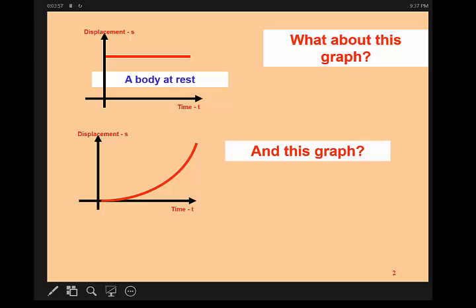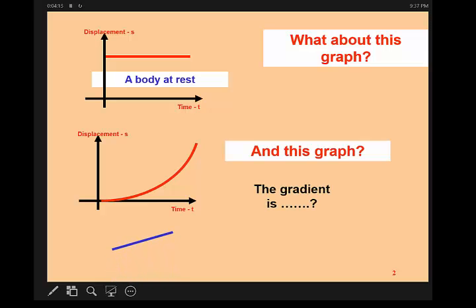And what about the graph at the bottom of the page? What's happening here? Have we still got a velocity graph where we've got displacement over time but a curved line? Well, let's have a look.